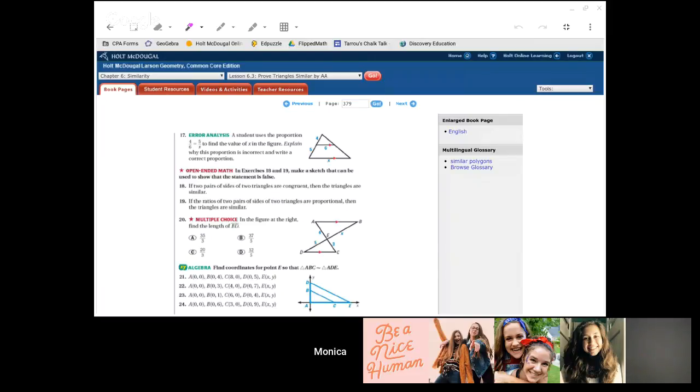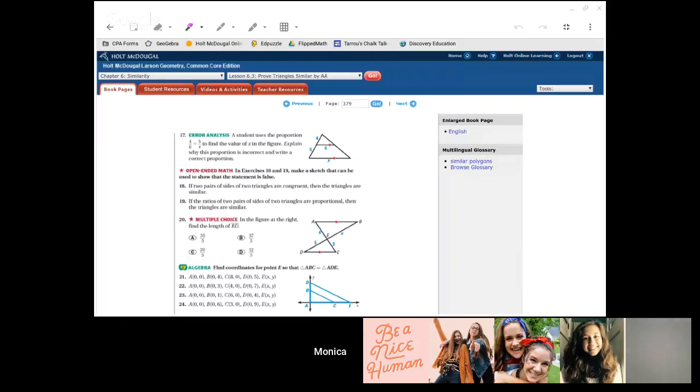Okay, Charlotte Ann, so for number 17, you're supposed to tell why the student got their calculation for X incorrectly. Now, look at the two triangles that are in that picture that you're supposed to be proving similar. Do you see where they got the 5?